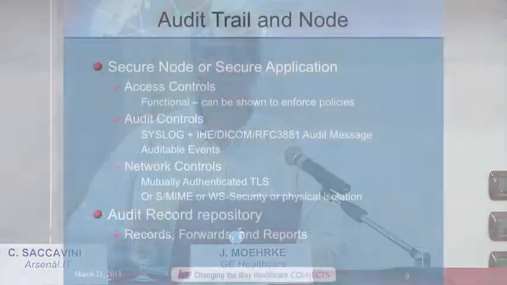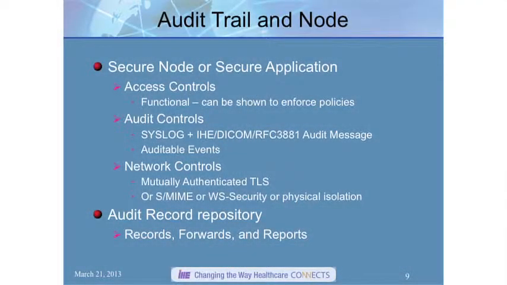Some attributes about that: we try not to include descriptive information. We try to use identifiers wherever possible, because ultimately, if we ever need to do reporting, that reporting tool will have access to the patient identity demographics, so we don't have to put the demographics into the audit message. We can just put the patient identity in there. We don't have to put the name of the provider in the audit log because they have access to the directory. We don't even have to put the title or the type of document because we can always look up the document.